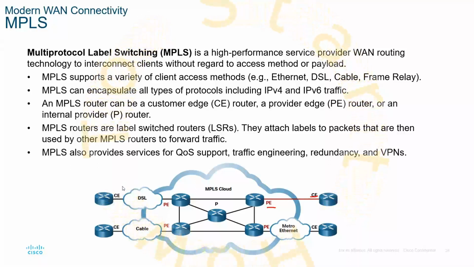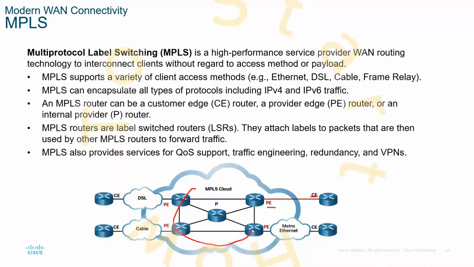So it doesn't matter how you connect to the provider. Internally to the provider, it's normally some form of MPLS internal cloud. Our MPLS cloud from the service provider will take all types of encapsulation and handle its routing internally to the MPLS cloud.